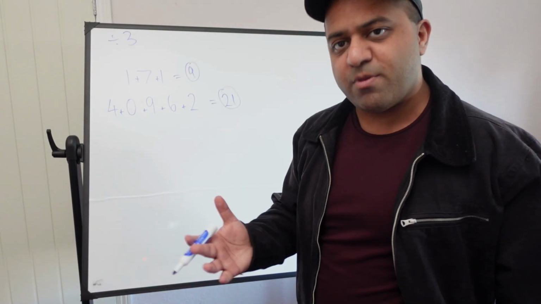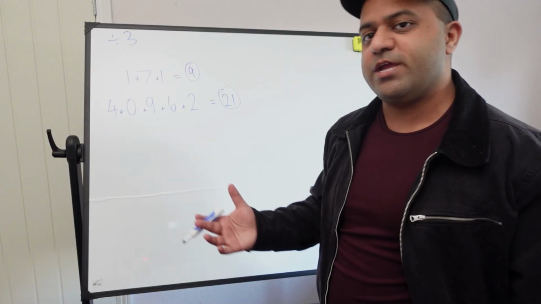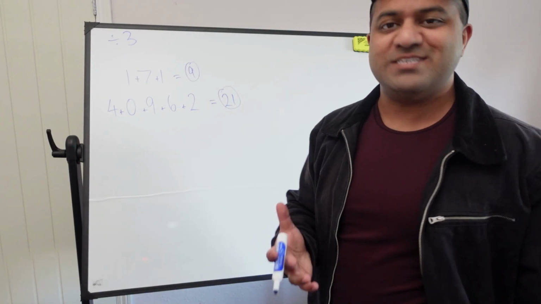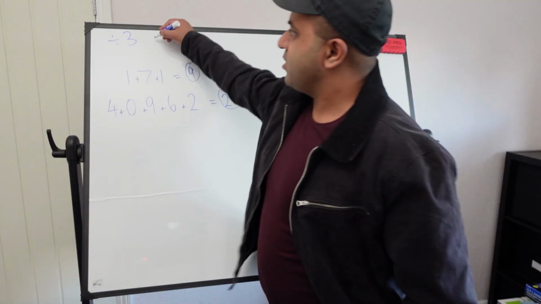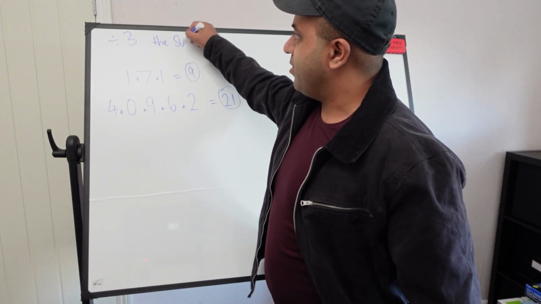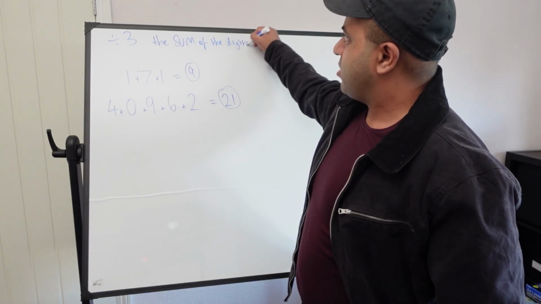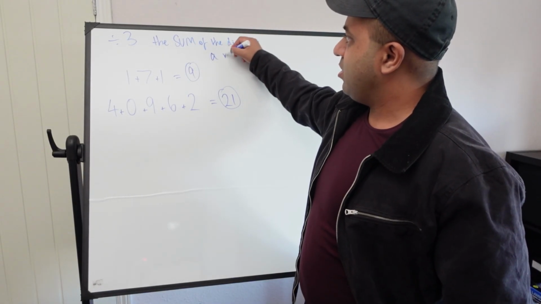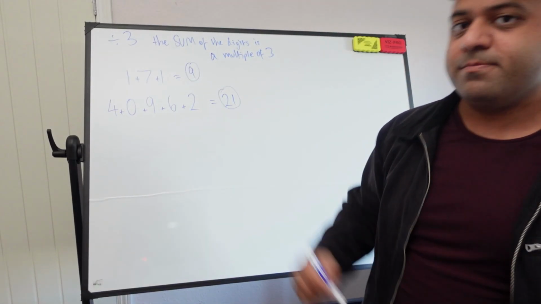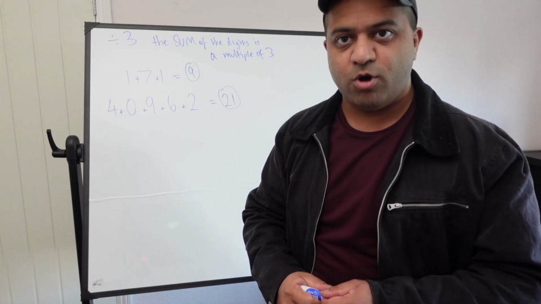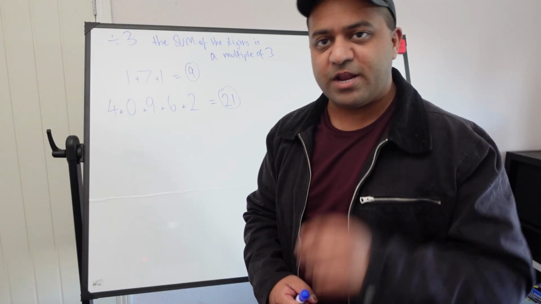If the sum of the digits is in the 3 times table, or a multiple of 3, the number is exactly divisible by 3. So let's write that down. The sum of the digits is a multiple of 3. Very straightforward. Now we'll move on to the next number, dividing by 4.